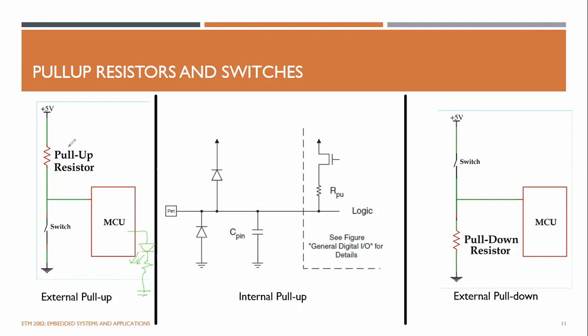By default, you can add a pull-up resistor externally. You connect it to the 5 volt, and if this pin is an input pin, you have to configure it as an input pin. DDRX should be 0, and then it will act as an input. And PORTX is also 0.